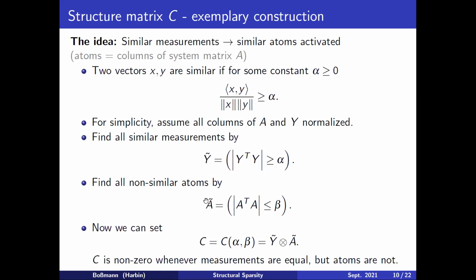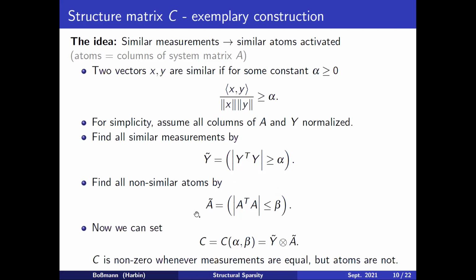And I do something similar for your atoms. I look at all the inner correlations between your atoms, and everything that is smaller or equal than beta, so all atoms that are not similar, I set these values to 1.